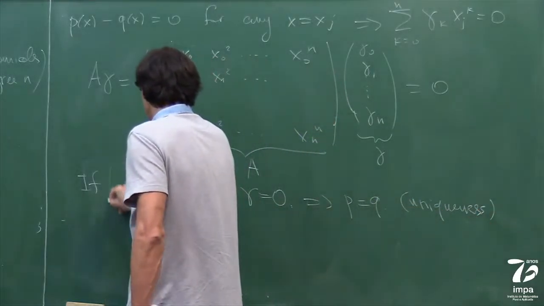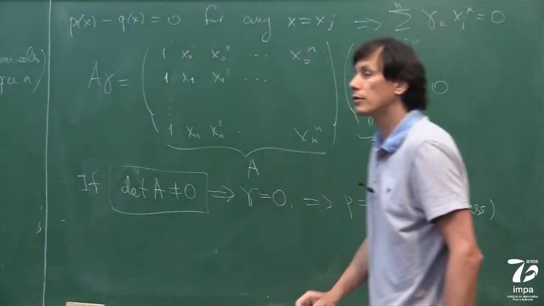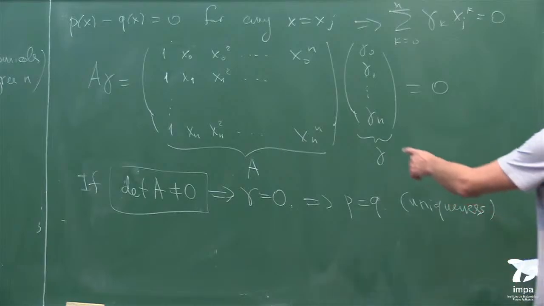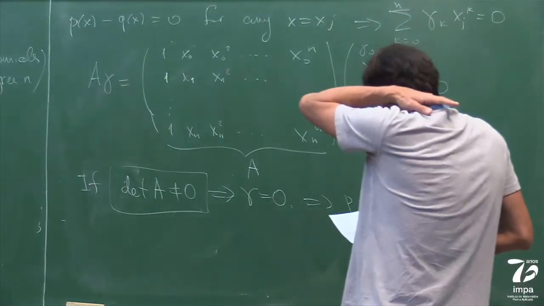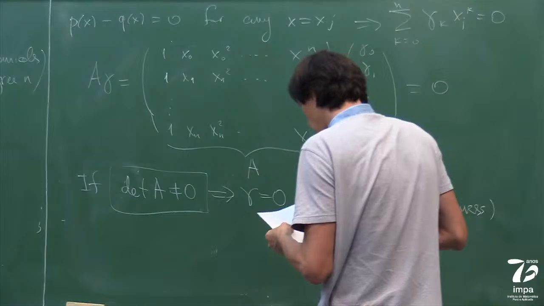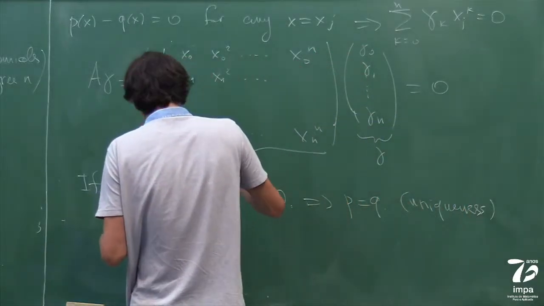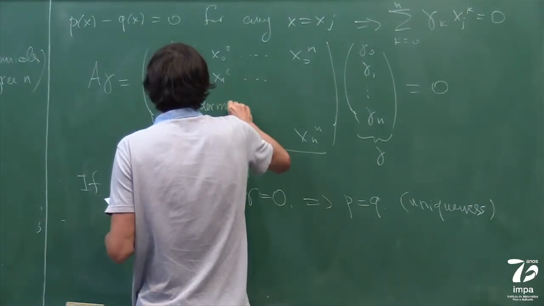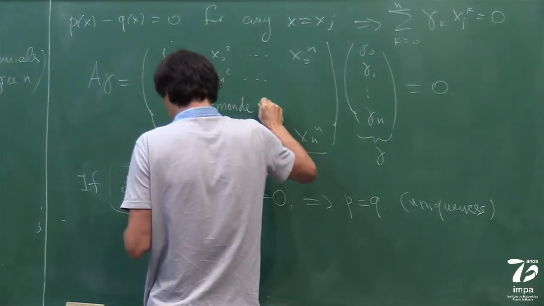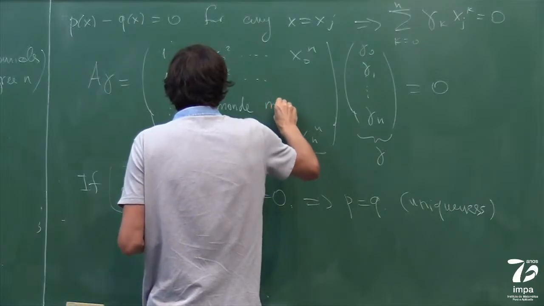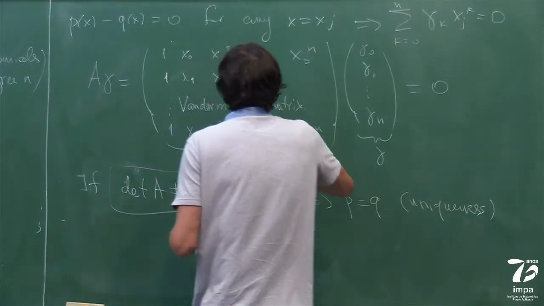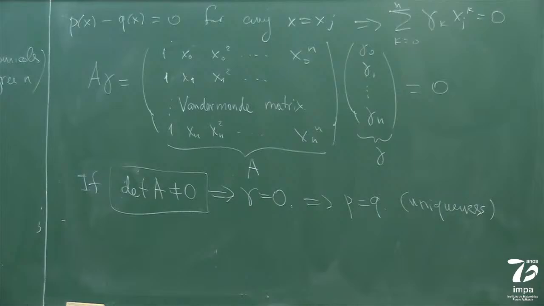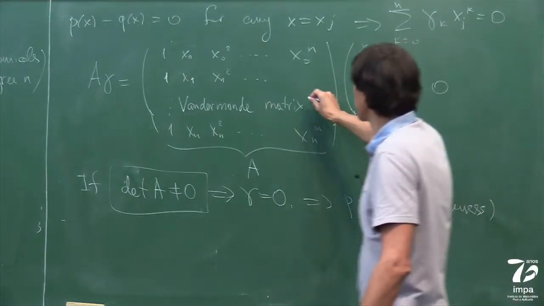So we need to check that the determinant of this matrix A is not 0. And this is what's called the Vandermonde matrix. That's the name.